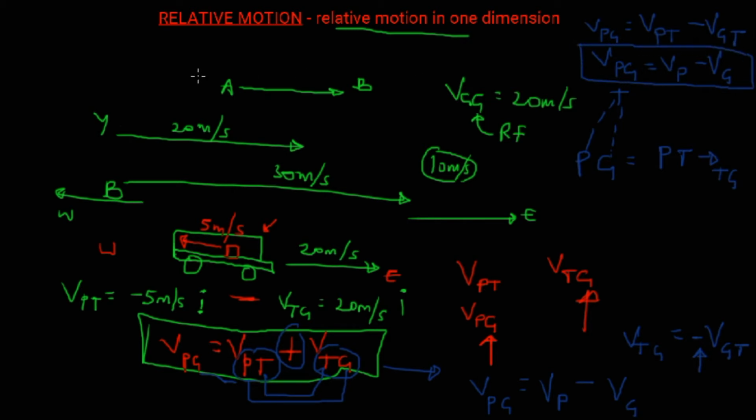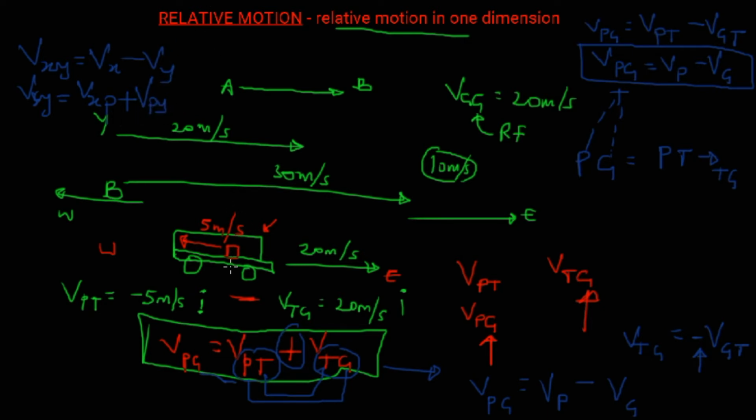No matter what, the relative velocity of x to y can be the relative velocity of x to a particular frame of reference, say p, plus VPY. Or you may have instead minus VYP, or the other way around.